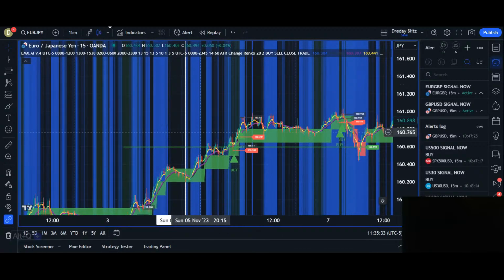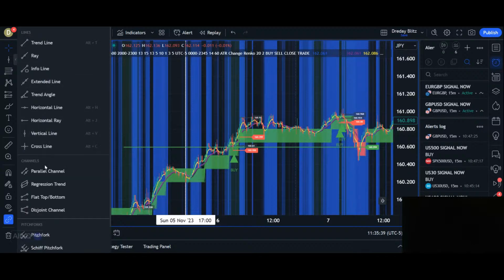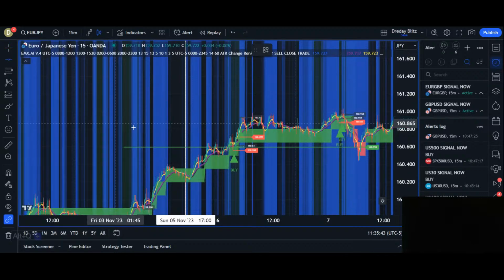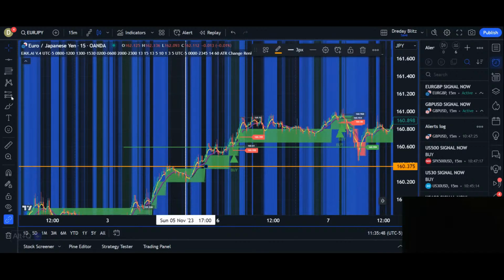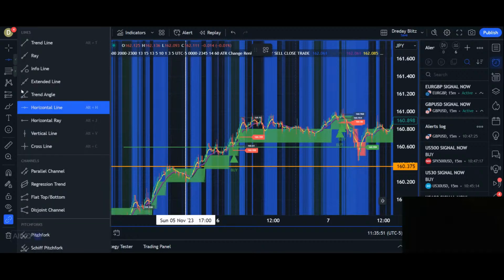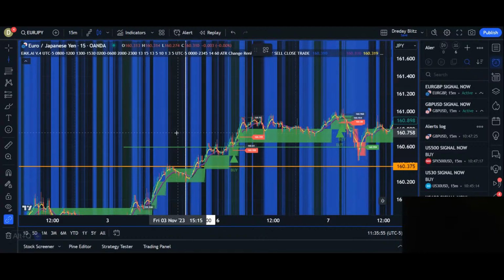So for the buy, I'm going to plot my horizontal line, so we can know exactly where the price went.